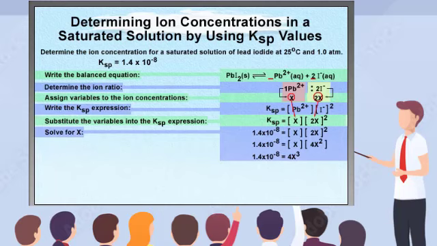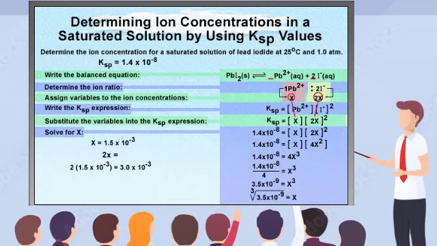To solve for x, divide 1.4 times 10 to negative 8 by 4, and then take the cube root. This yields a value of x equal to 1.5 times 10 to negative 3. And multiplying this value by 2 yields 3 times 10 to negative 3.